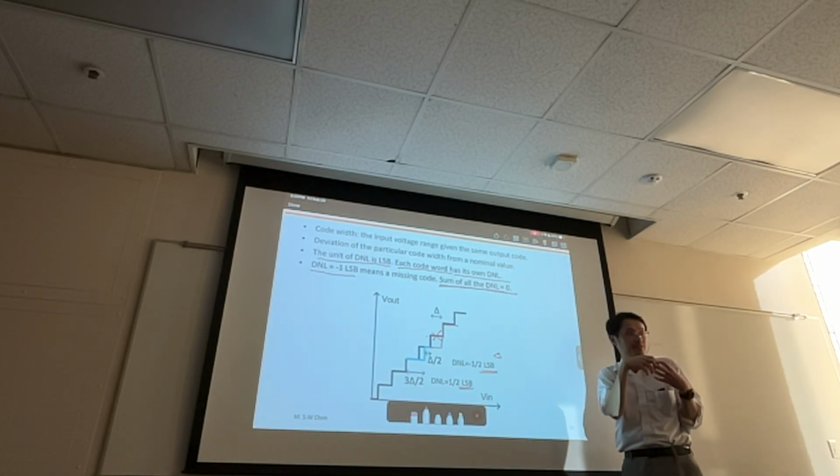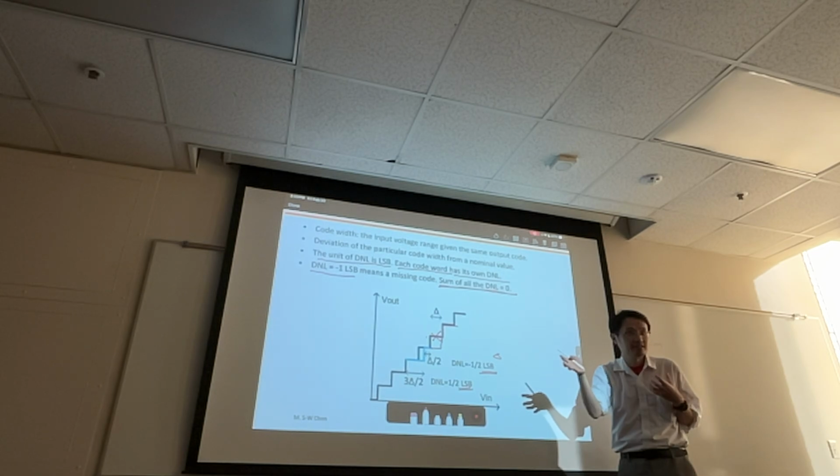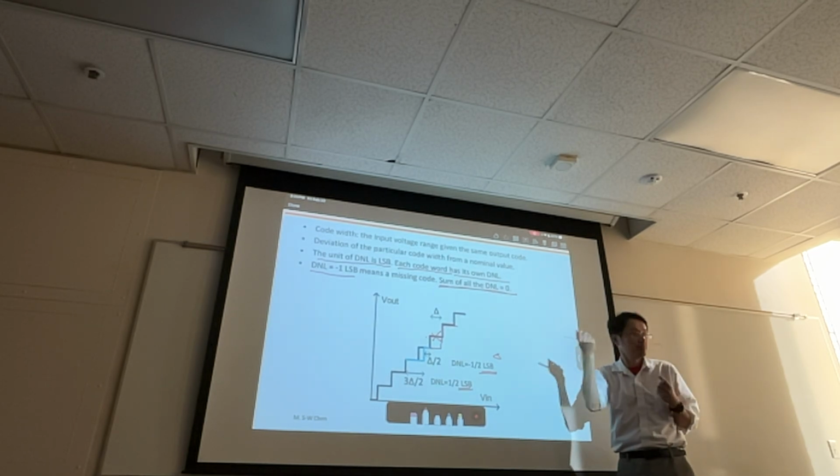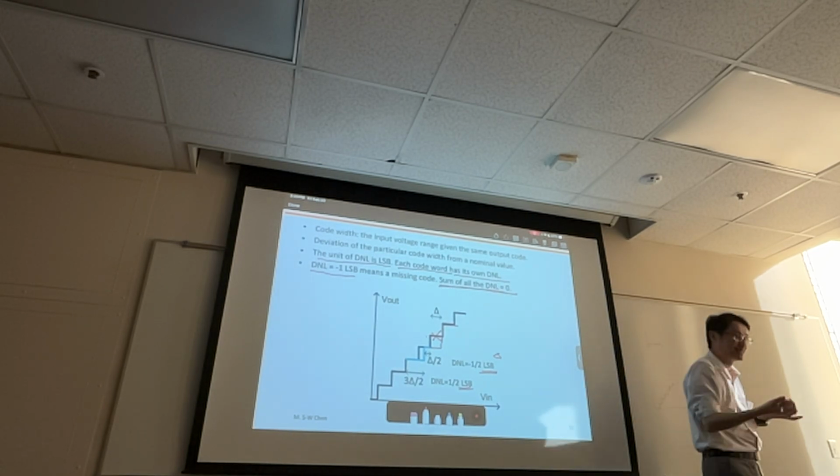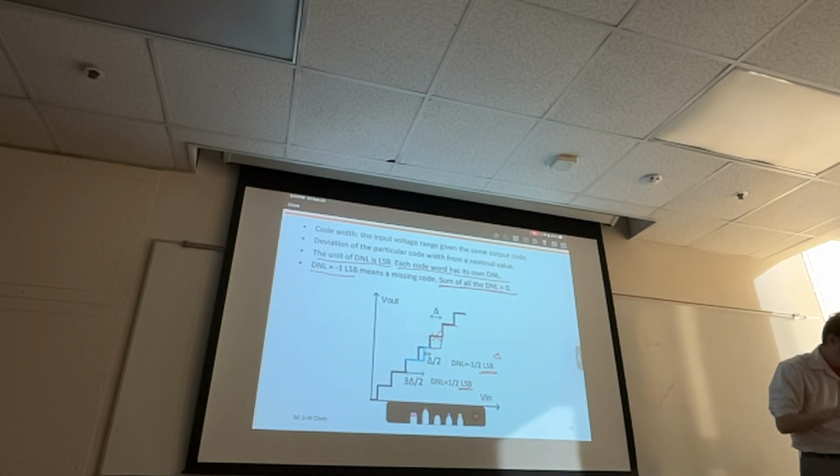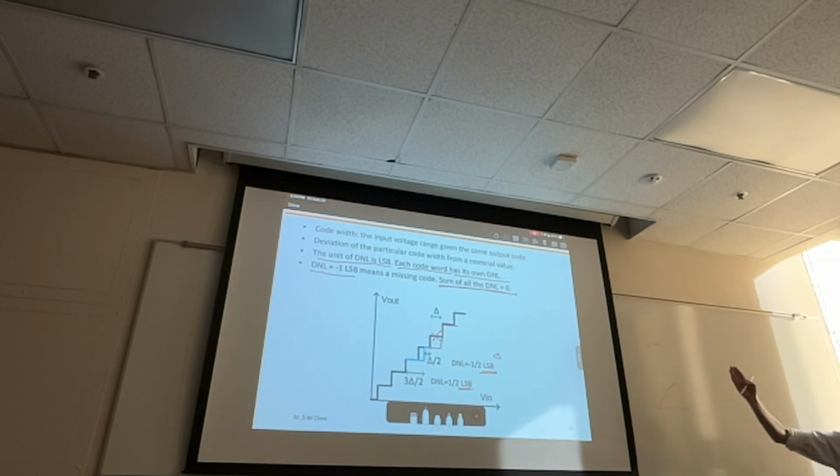So if you sum them all together, it's a zero-sum game, right? You should go back to 0. So just keep that in mind. Of course, here I assume the same bounded full range. If you stretch the full range from 1 volt to 2 volt, then of course everything just gets expanded.